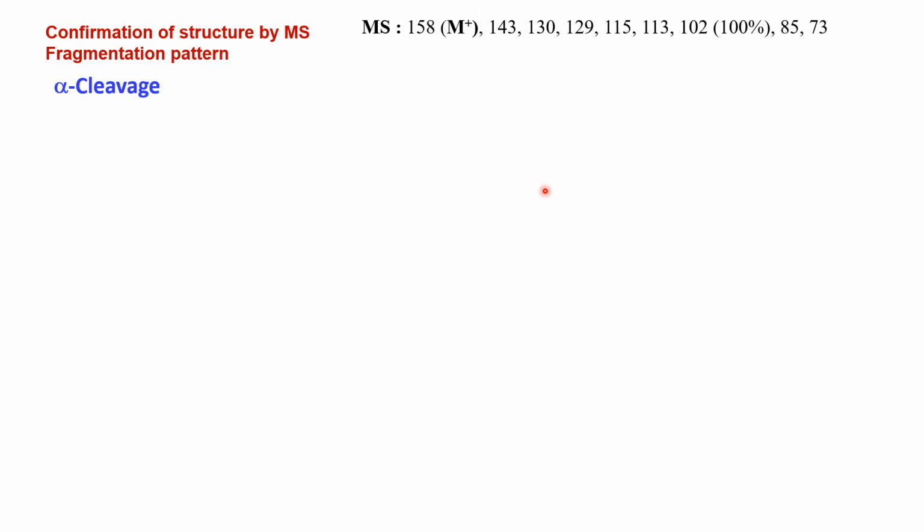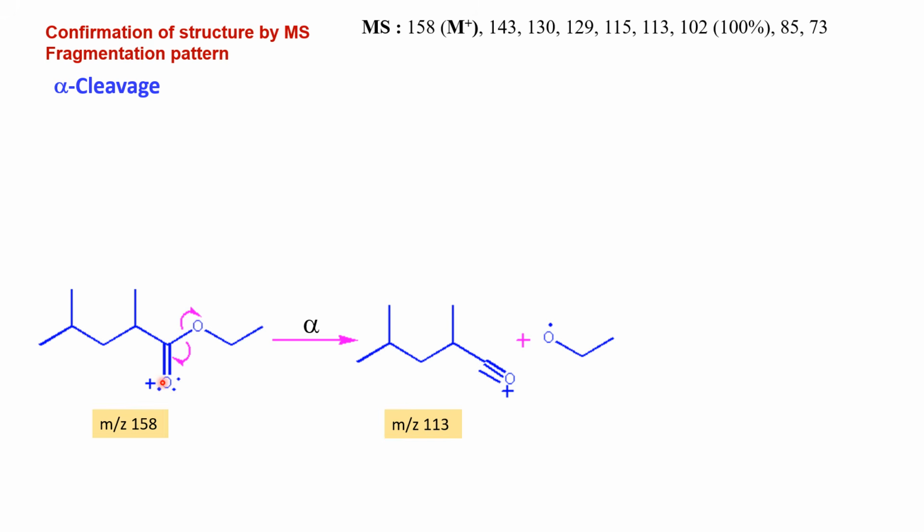Further, the structure can be confirmed by analyzing the fragmentation pattern given in the mass spectrum, as the fragmentation pattern acts as a fingerprint for a specific compound. We found an ester compound. So in esters, two cleavages are common. Alpha cleavage, where the bond between carbonyl carbon and oxygen undergoes homolytic cleavage, giving an acylium ion at m/z 113 with removal of an ethoxy radical.